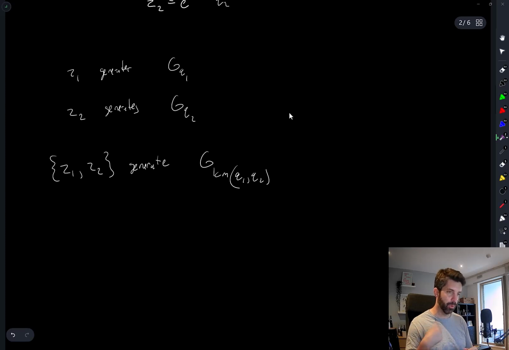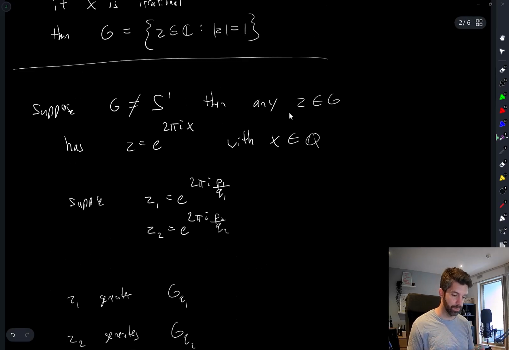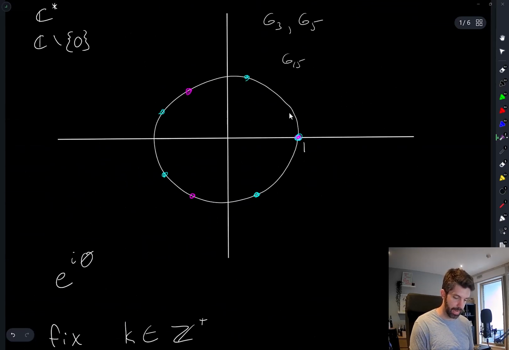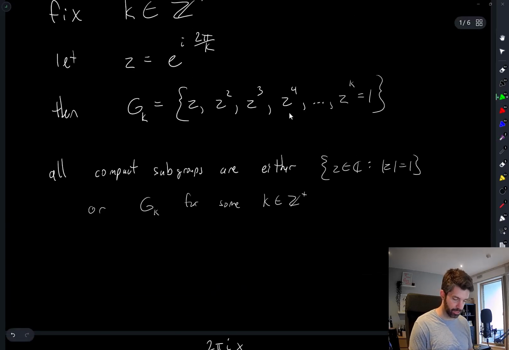You can't just keep throwing in more rational arguments, because if you have an infinite number, then you're throwing in all of the rational angles, but that again is not a closed subset of the circle. The rationals are dense, and you end up with the whole circle in some sense. Now that I'm saying this out loud, it's not the most convincing argument, but I believe that this is the correct answer.